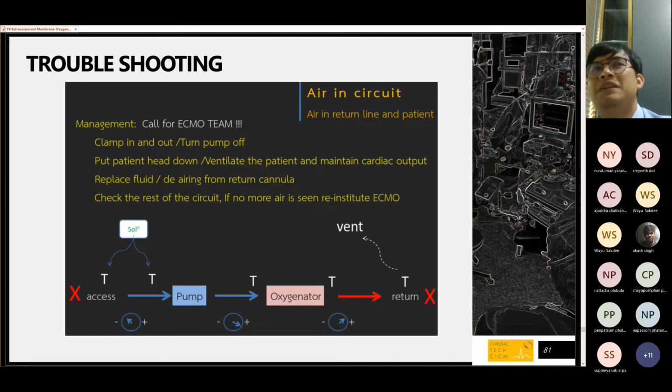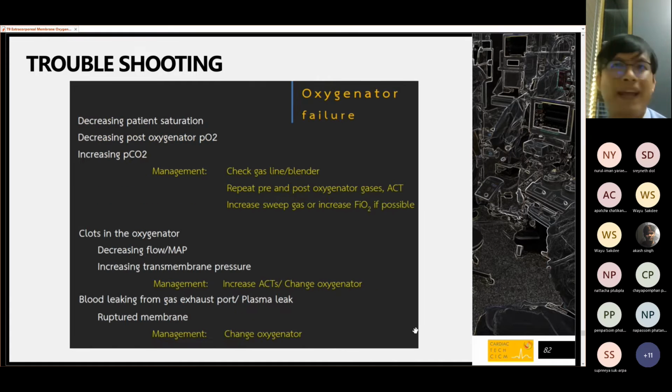Then recheck the circuit and also recheck the patient. If we are sure that we have de-aired well, we can go back on ECMO again. You need to practice like an F1 team.